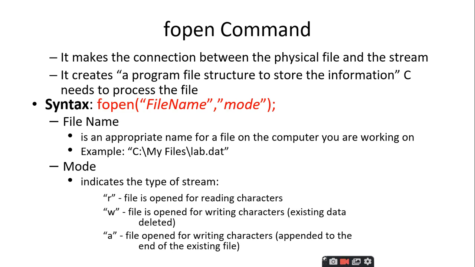The first step is to create a stream, the second step is to open a file, the third step is reading and writing the contents onto the file or from the file, and the final one is fclose, that means closing the file. So before opening a file you need to create a stream by just declaring the file pointer.